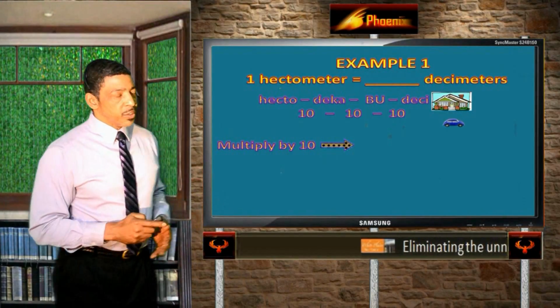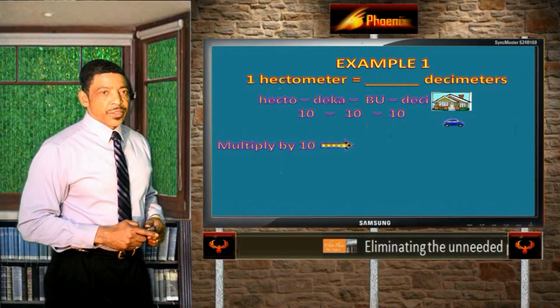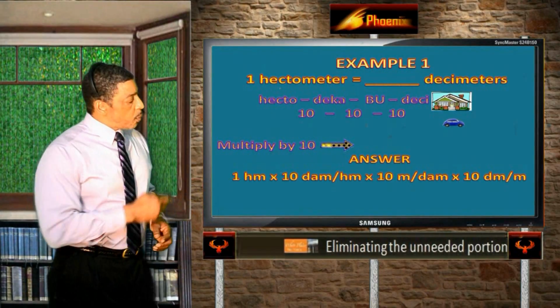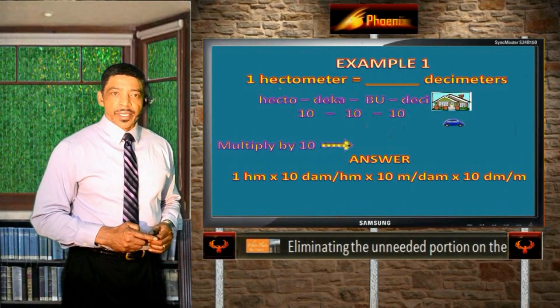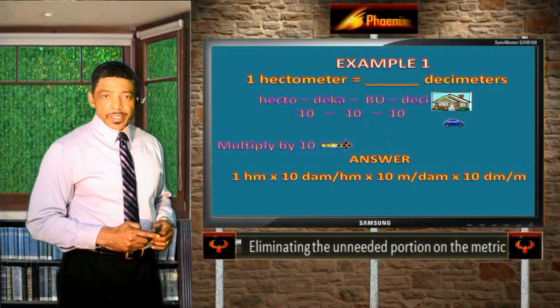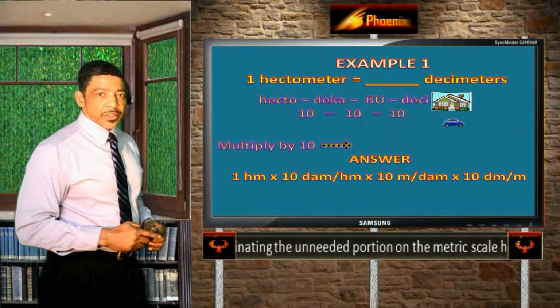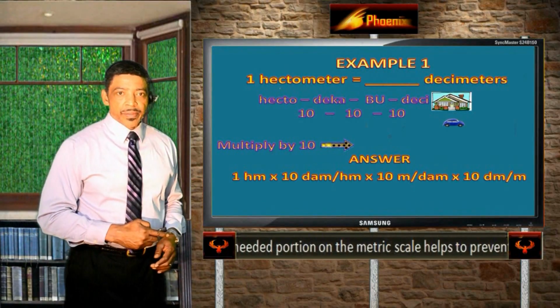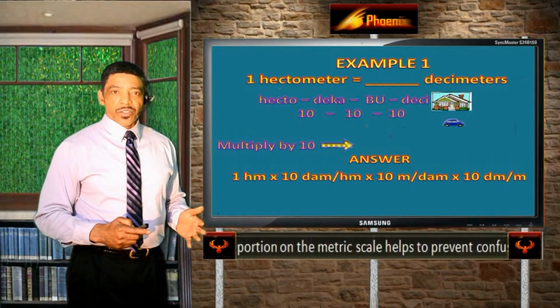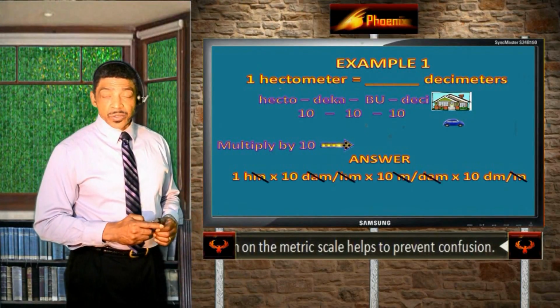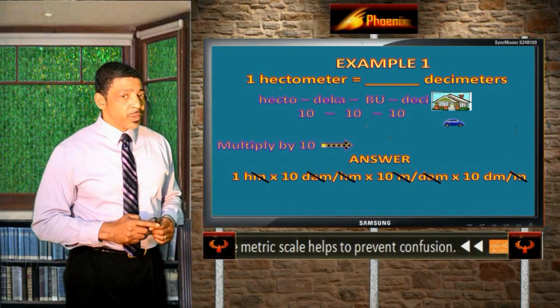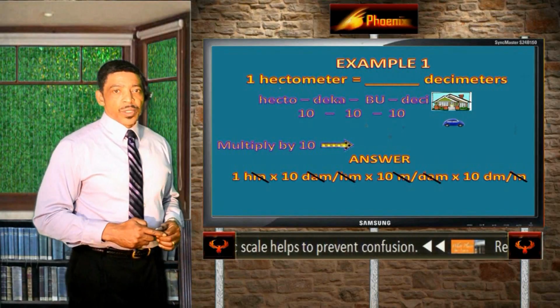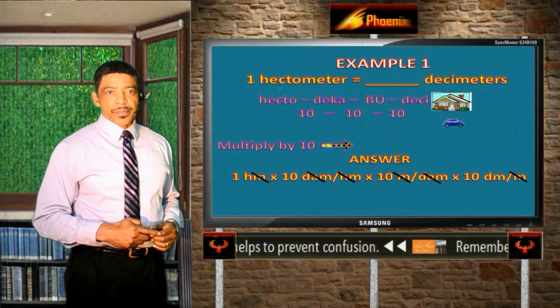This represents the numerical setup for calculating the answer, where we may write 1 hectometer times 10 decameters per hectometer times 10 meters per decameter times 10 decimeters per meter. And after canceling the units using dimensional analysis, also known as the factor label method, the answer is 1,000 decimeters.